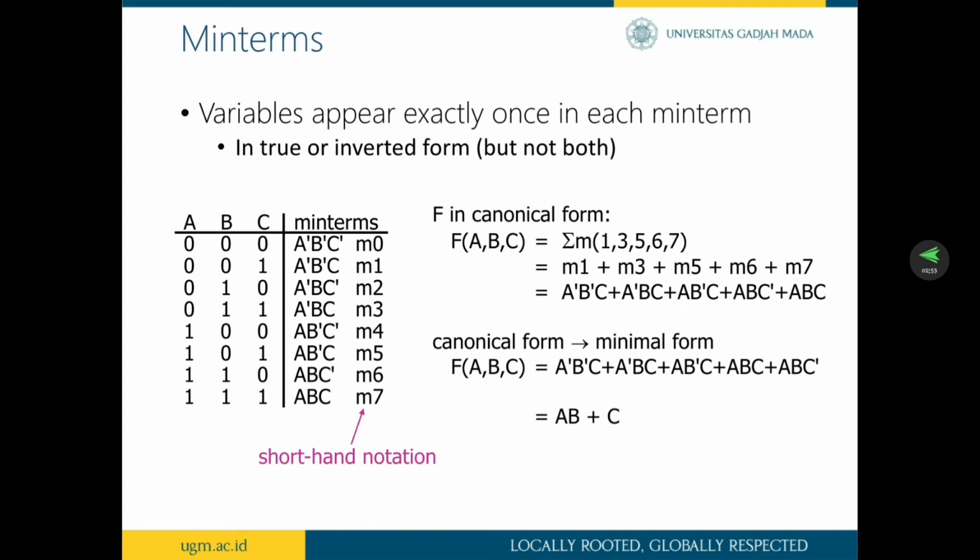If we have the canonical form for f(A, B, C), sigma m(1, 3, 5, 6, 7), we can write m1 OR m3 OR m5 OR m6 OR m7.